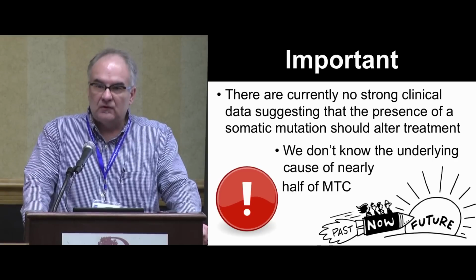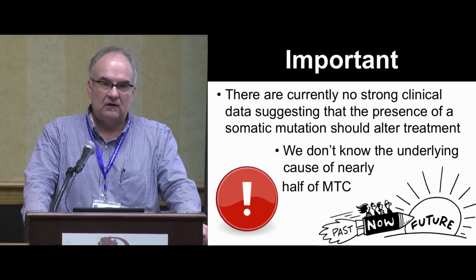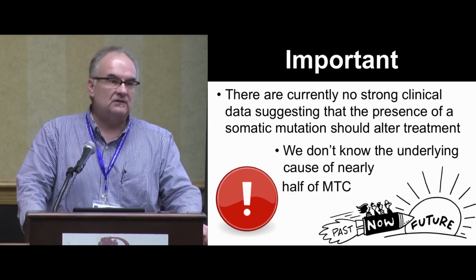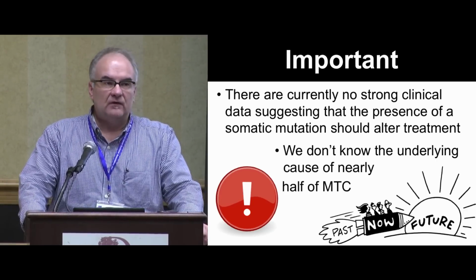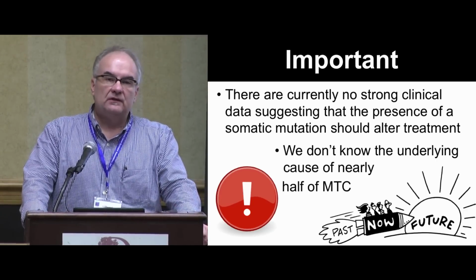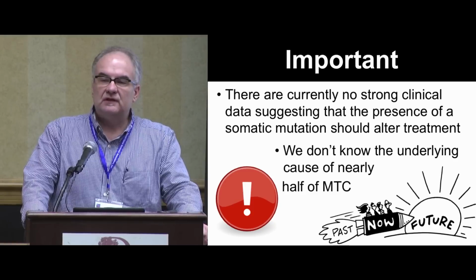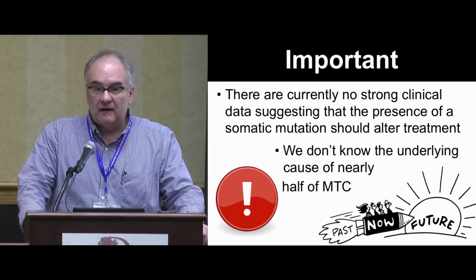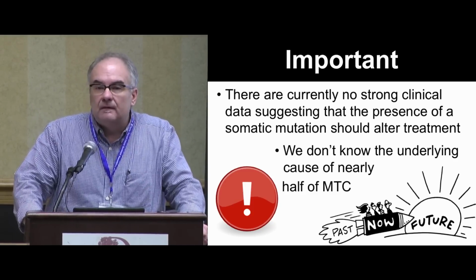These are all just laboratory studies done in mice and cell culture. Logically, it makes sense to do it. They're very encouraging, but until studies are actually done in patients and they show that these treatments work better than other treatments, we really don't know.